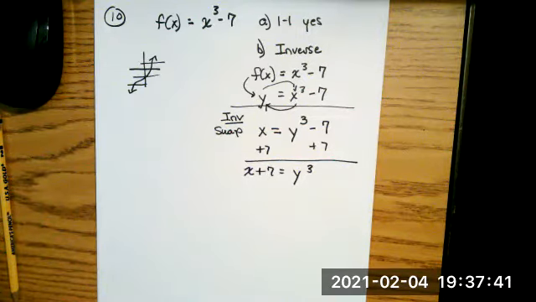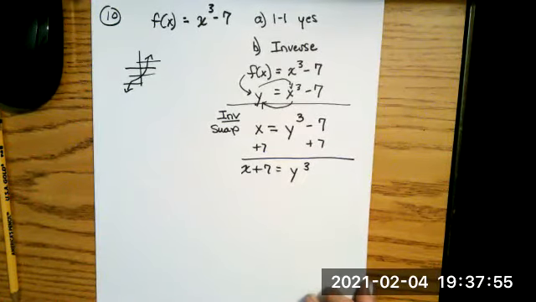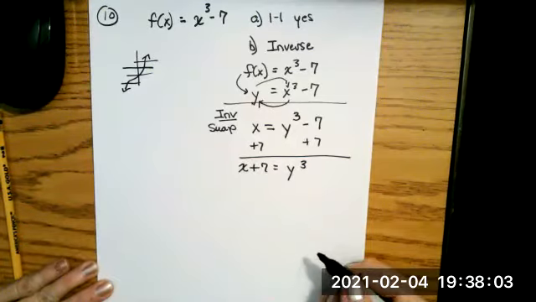Now, how do I get rid of a cubed? What's the opposite of a cubed? Anybody know? Are we cubing the other side? Or we have to cube root it. That's the opposite, or the undoing process, of a cube.